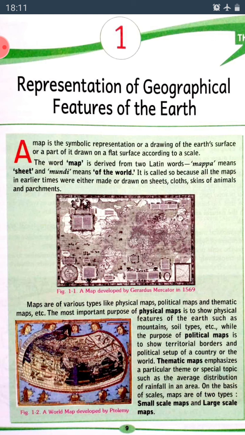So we can show it on a thematic map. The other thematic maps are like road map, railway map, or the airports, or if we have to show the forest, wildlife, then we show it on a thematic map.